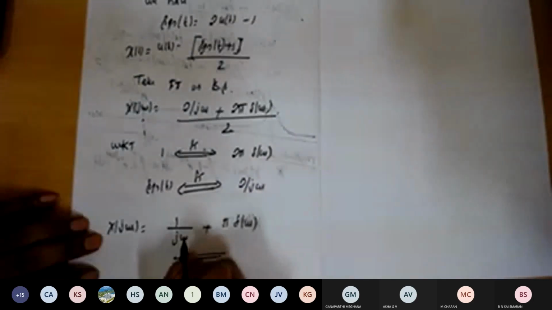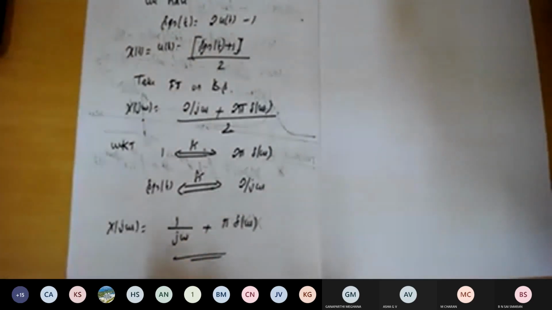So this is the Fourier transform of the unit step function.